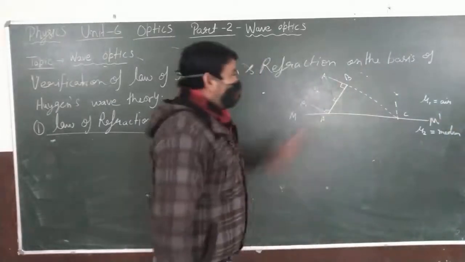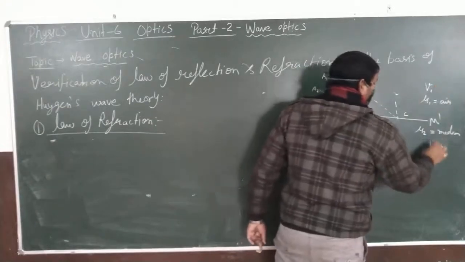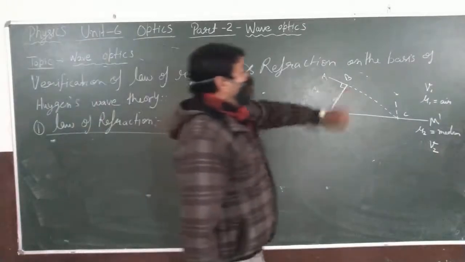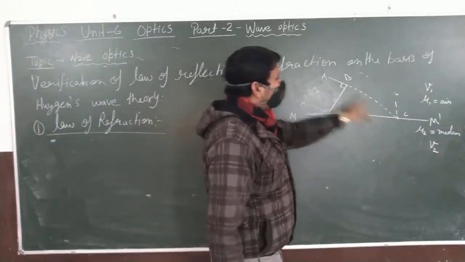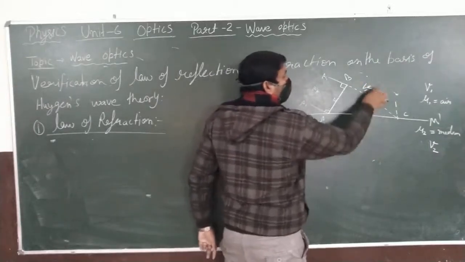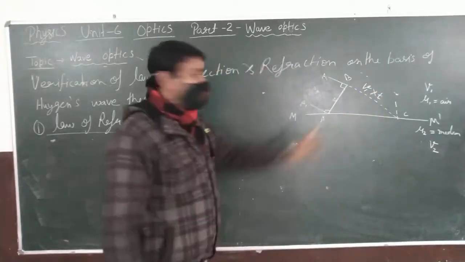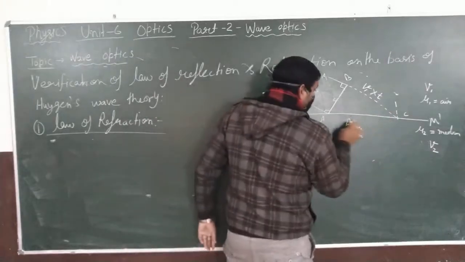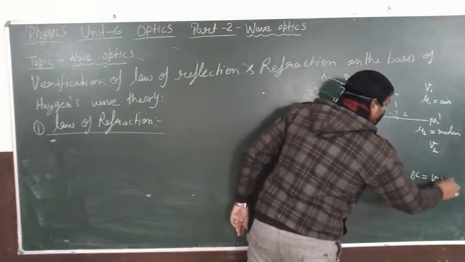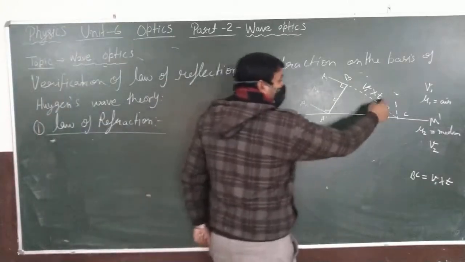Now if the speed of light in the first medium is v1 and the speed of light in the second medium is v2, then the ray travels a distance BC, which is equal to v1 into the time taken to move from B to C. Therefore BC is equal to v1 into t. Clear?